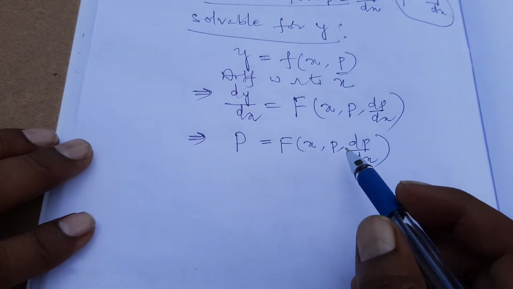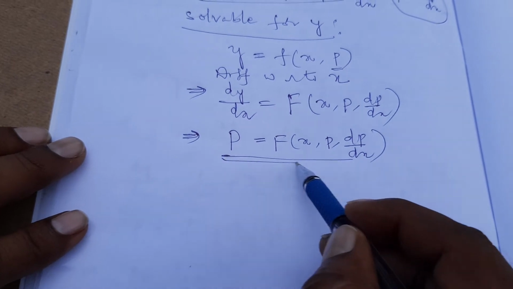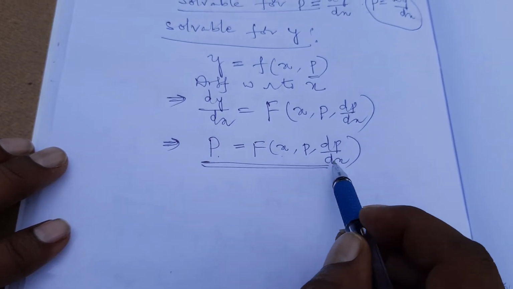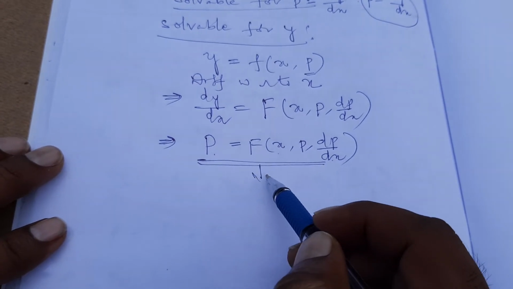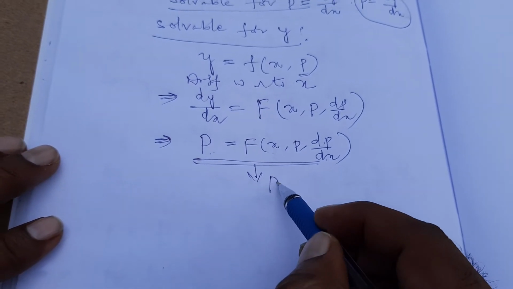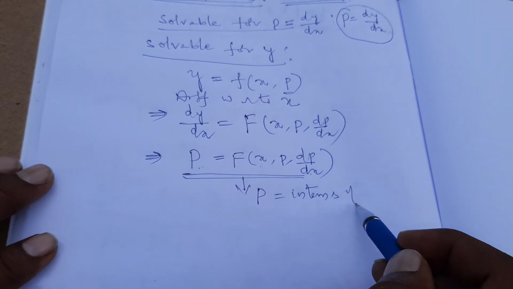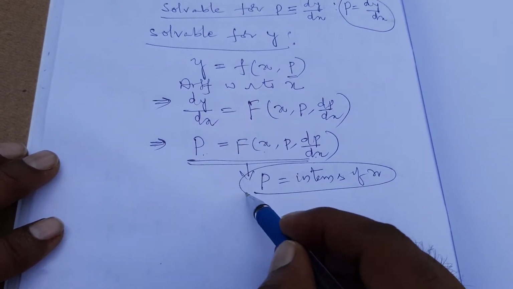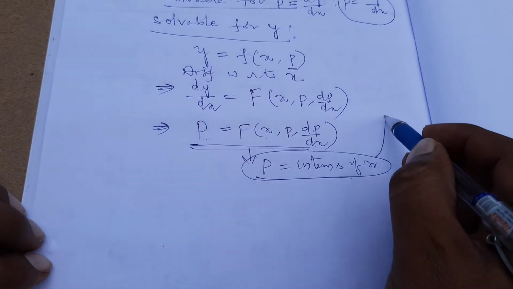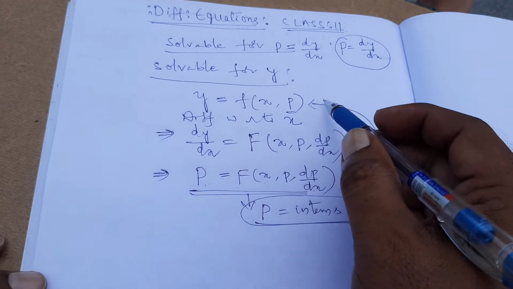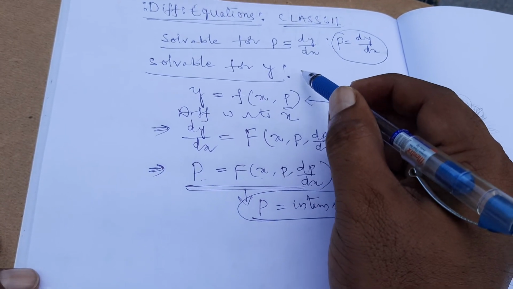Means the whole equation changes in p, x and dp by dx. By solving this equation, you will get the p value in terms of x. Now replace this p value in terms of x in the original given equation y equals f of x comma p. This is nothing but solvable for y.